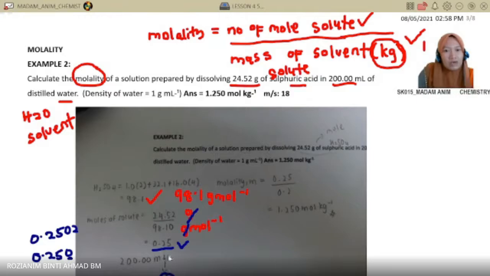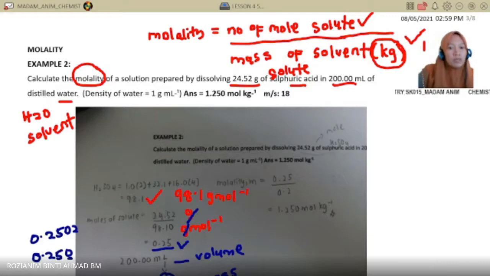Can the conversion be done directly from 200 ml to kilogram? No. ml is a volume measurement, to measure volume, and kilogram is a measurement for the mass of a substance, so we cannot convert directly. What should we do?